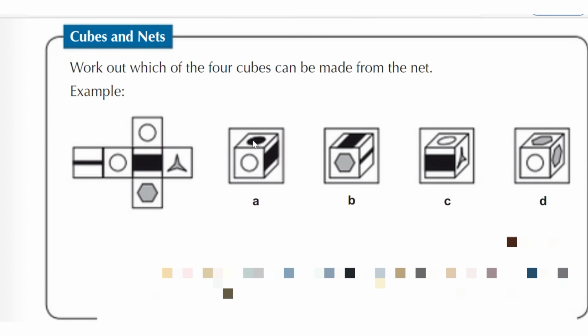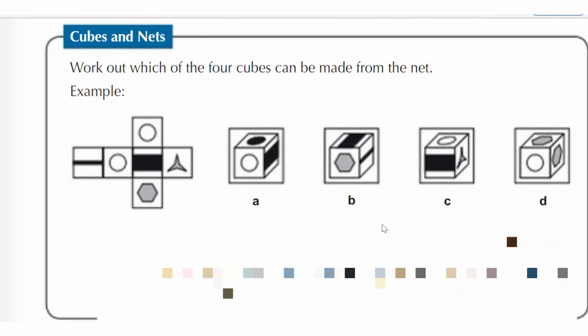Using the shapes, there is no dark shape in this, so I cancel A. Which other figure can I not see? I cannot see two of the hexagons. I can only see one of the hexagons, while this shows two hexagons, so I cancel D. That means A and D are eliminated.